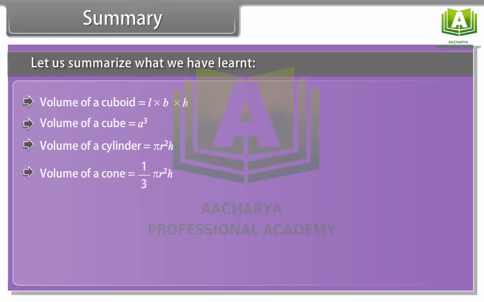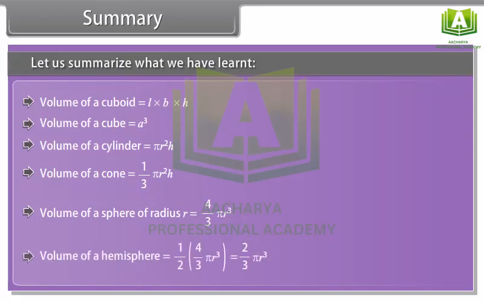Volume of a cone is equal to 1/3 pi r square h. Volume of a sphere of radius r is equal to 4/3 pi r cube. Volume of a hemisphere is equal to 1/2 into 4/3 into pi r cube, which is equal to 2/3 pi r cube.